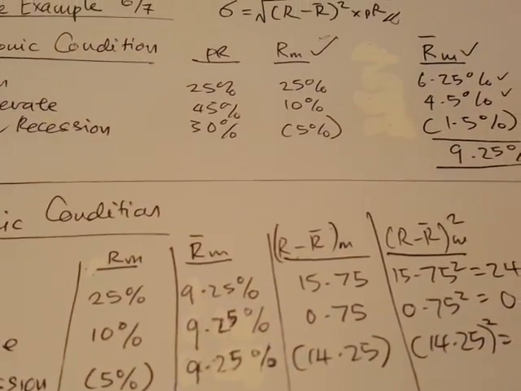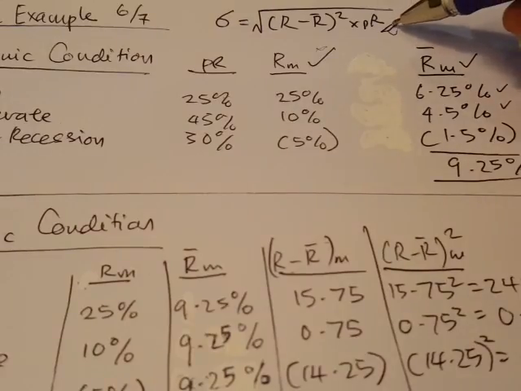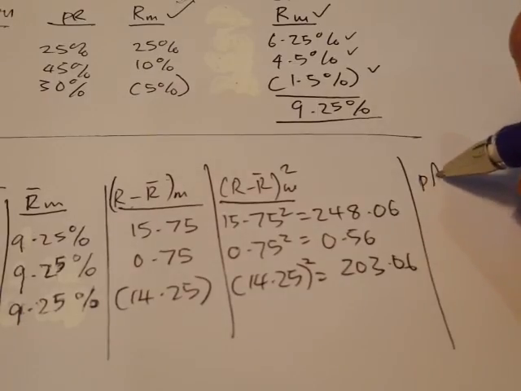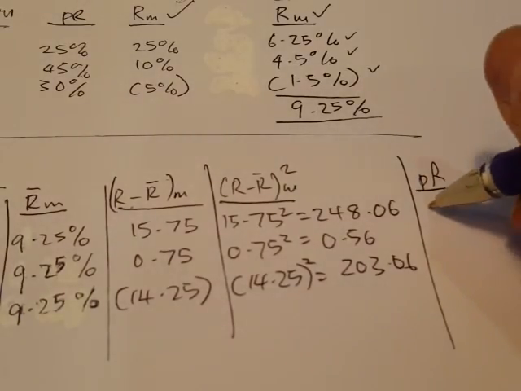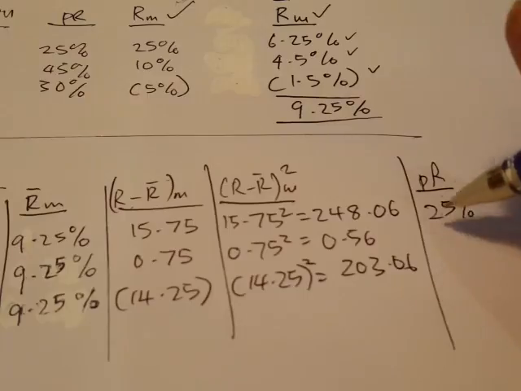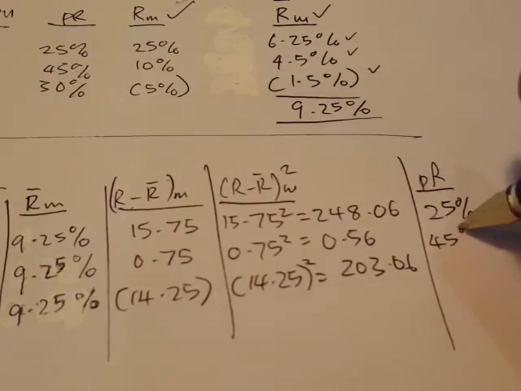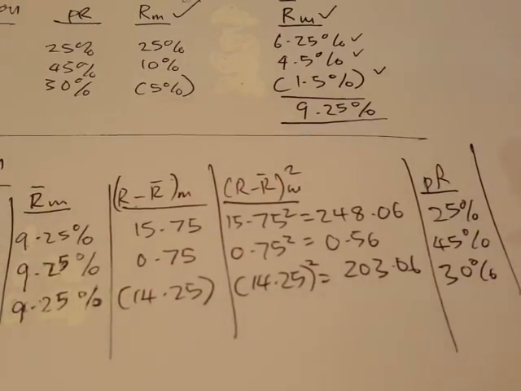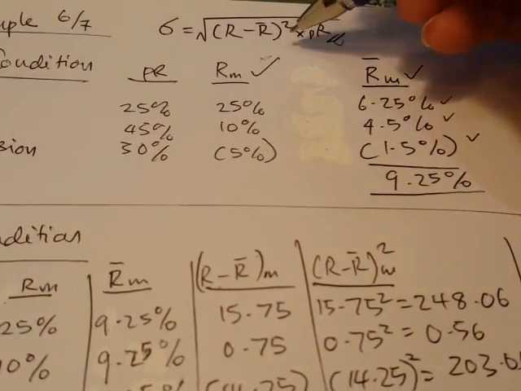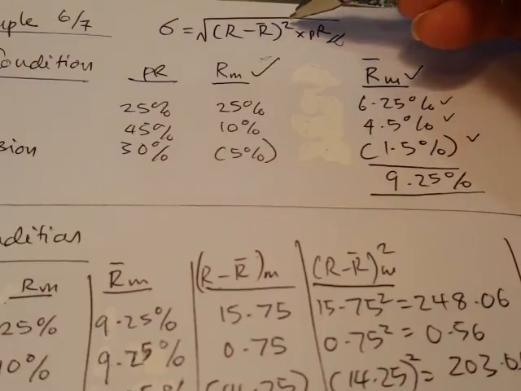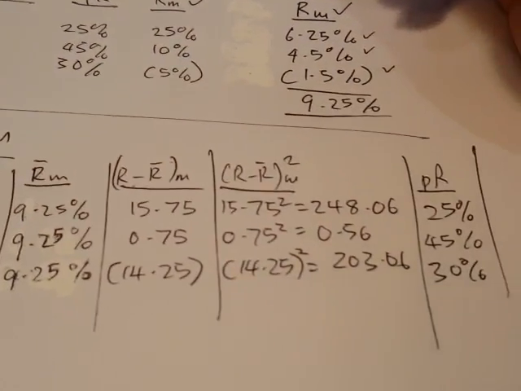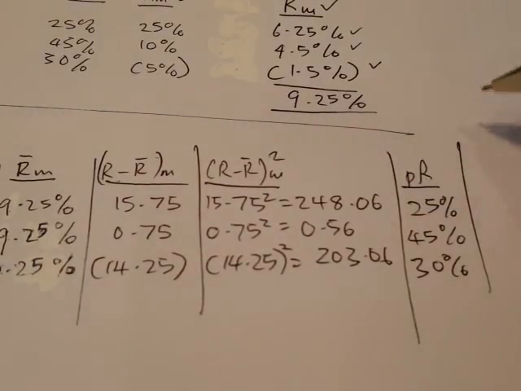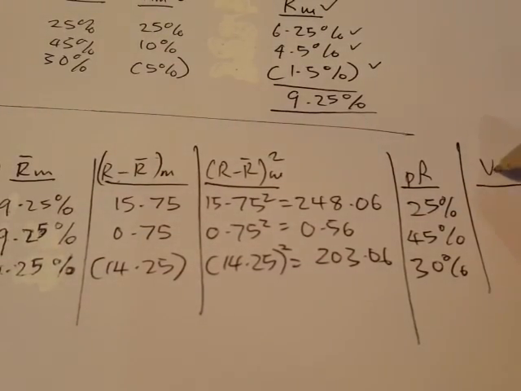Now you have probabilities in this question, so this part you're going to add the probabilities into it: 25%, 45%, 30%. The formula requires r minus r bar squared times probability. So the answers you got here times probability will give you the variance.